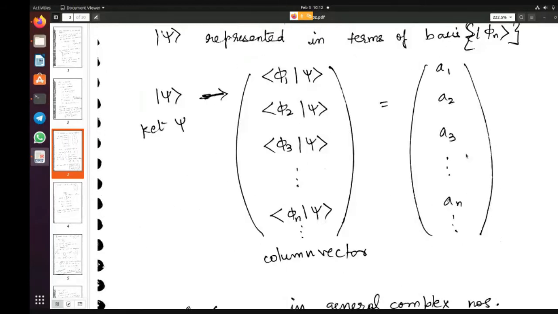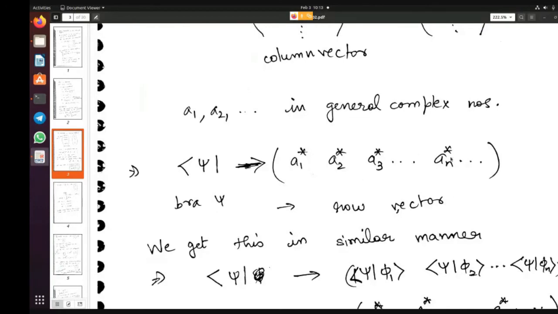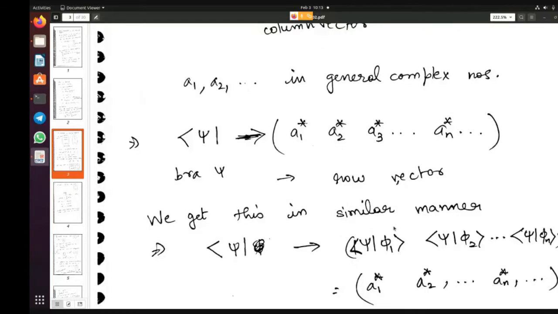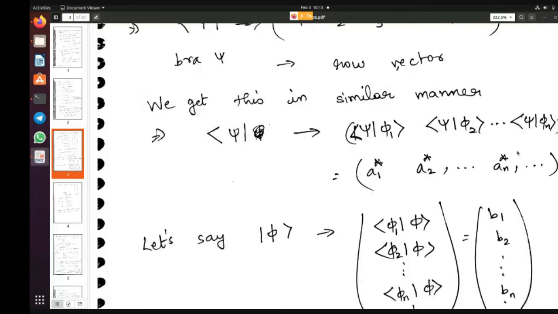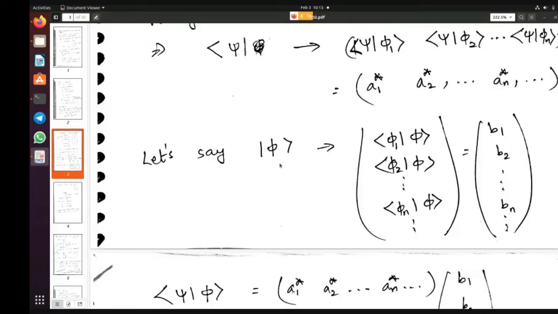If this is the column vector for psi, then the bra psi would give you the row vector, which is a1 star, a2 star, a3 star, and that is coming from this kind of scalar product. So let's say phi itself is phi 1, the scalar products for these are the basis set phi 1, phi 2, phi n, etc. and these are your corresponding coefficients.